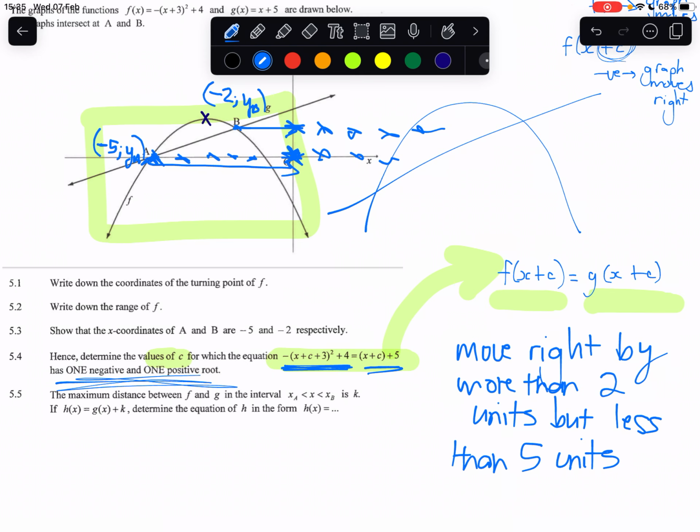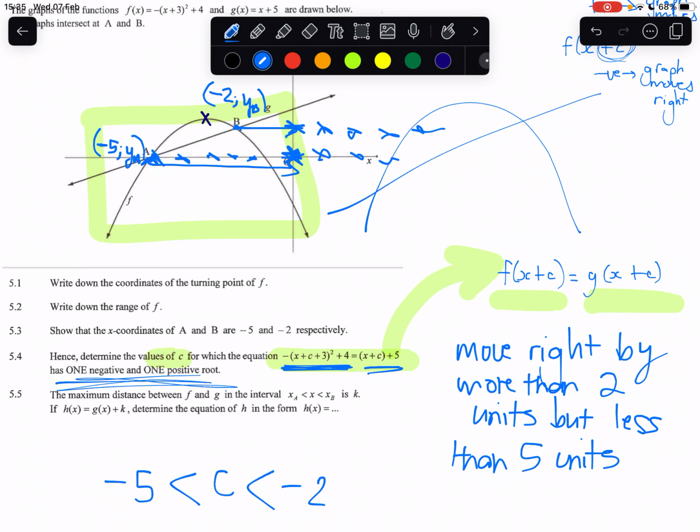Okay, so how do we write this mathematically? So we know that if C is positive, then our graph moves to the left, which is not what we want. If C is negative, then our graph moves to the right. So we want our C to be between -5 and -2. So it must be bigger than -5, and it must be smaller than -2.